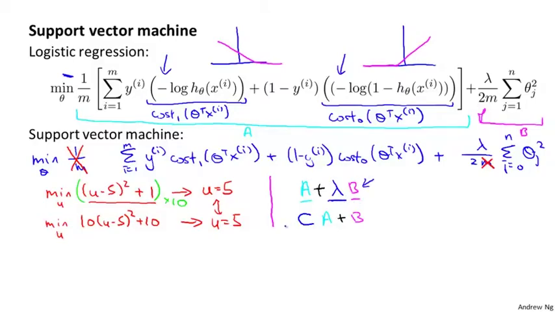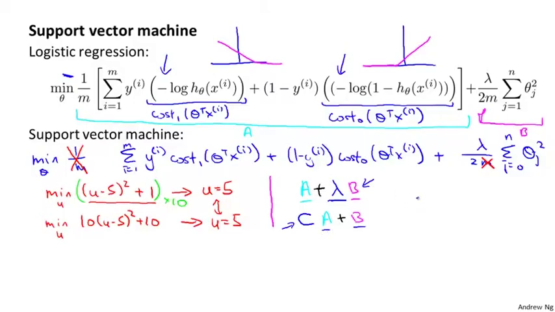Here, if we set C to be a very small value, that corresponds to giving B a much larger weight than A. This is just a different way of parameterizing how much we care about optimizing the first term versus the second term.